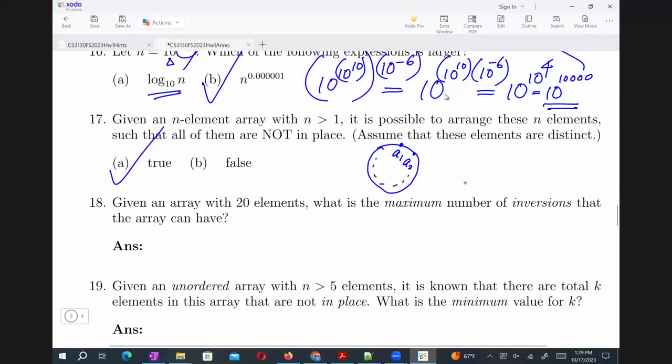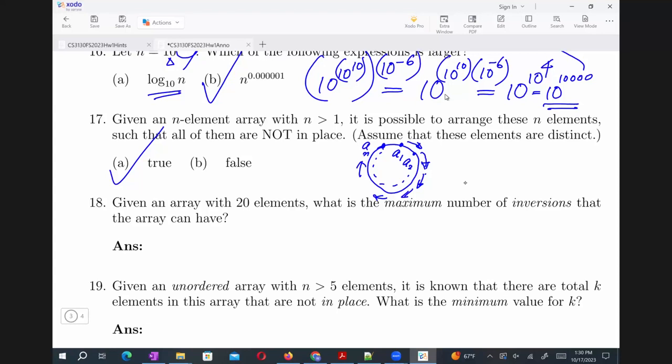A10, 1. Then you change the position: shift one position clockwise. First, you put all elements in place.